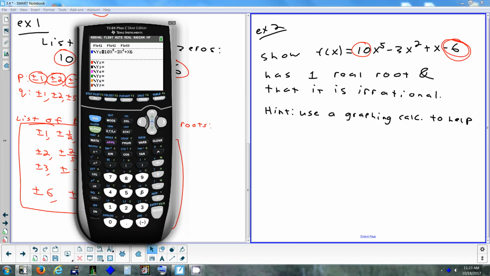What would be a good zoom to start with? Because I know in the last problem when we did homework we had zoomed out to like 30,000, so I probably need to reset it. Standard? Yeah, just the standard zoom. Okay, make sure we have it typed in right. Looks good.